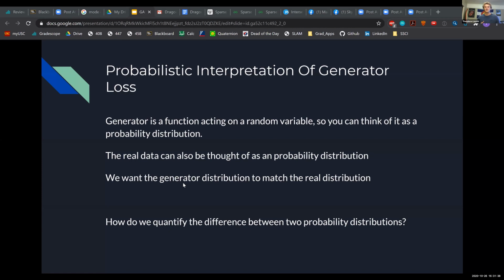So our generator distribution is a distribution over different images, that could be a 1, a 2, a 3, all the different types of digits in the MNIST data set. And in the same way, we can think of the real data as a probability distribution.